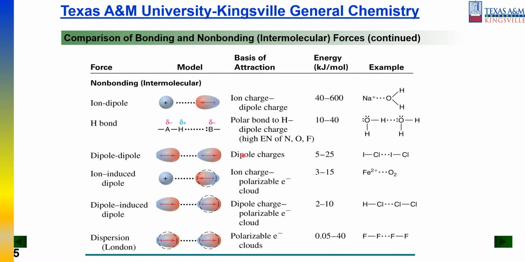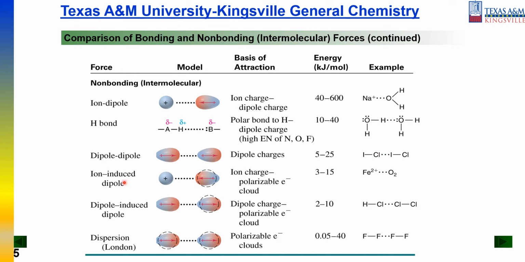So this results in dipole charge to dipole charge attraction, negative end to positive end attraction, ranging from 5 to 25 kilojoules per mole, such as these two molecules, they are dipolar molecules, both polar. Your chlorine is more partially negatively charged, the iodine more partially positively charged. They are attracted to each other.